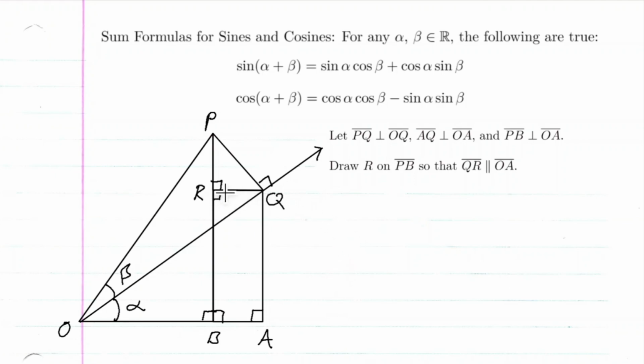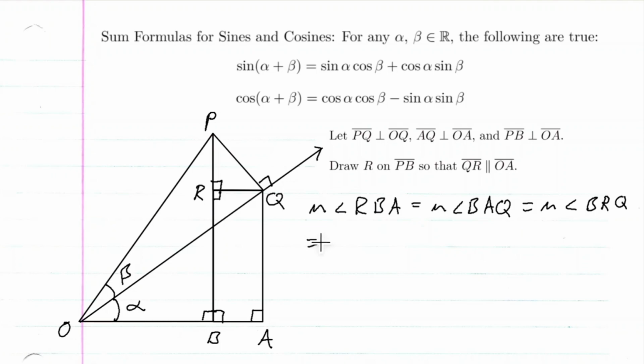So we know the sum of the interior angles of a quadrilateral is 360. Okay, so we have the measure of angle RBA is equal to the measure of angle BAQ, which is equal to the measure of angle BRQ.